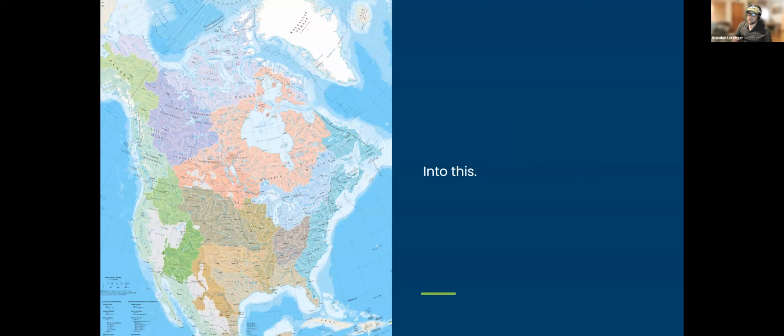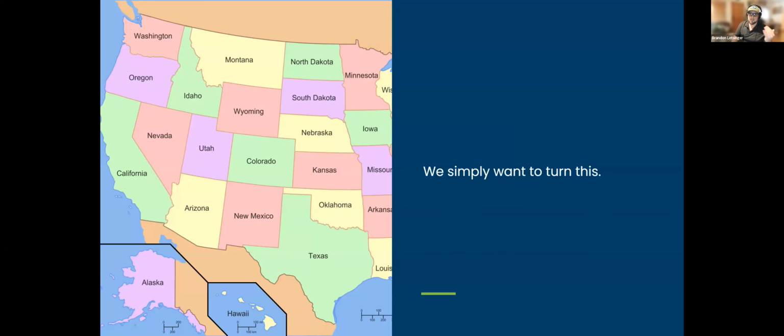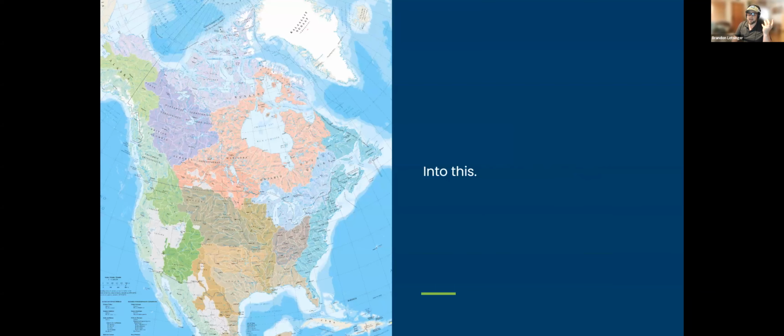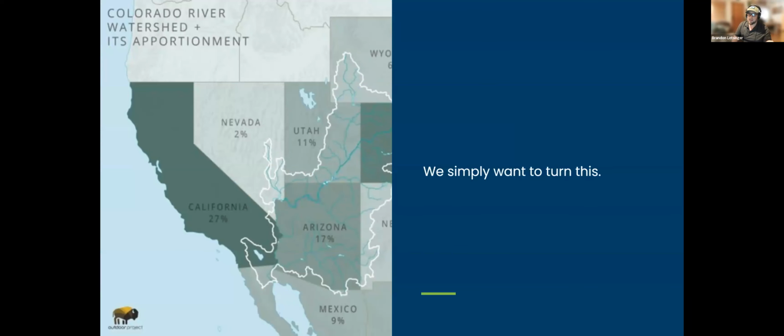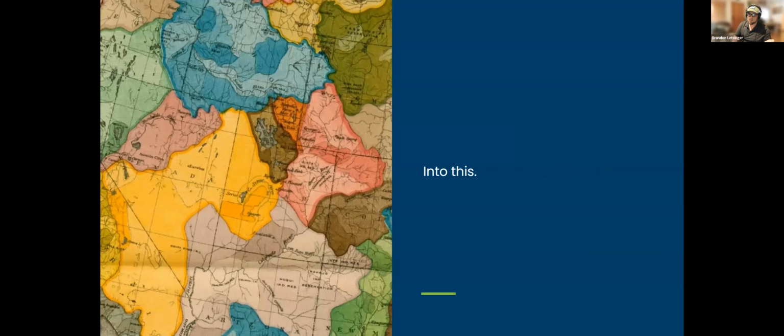Our goal is that we want to turn this map into this map. So from lines on states that second graders learn about in class to this, to the different watersheds, bioregions that people call home. We want to turn this into this.